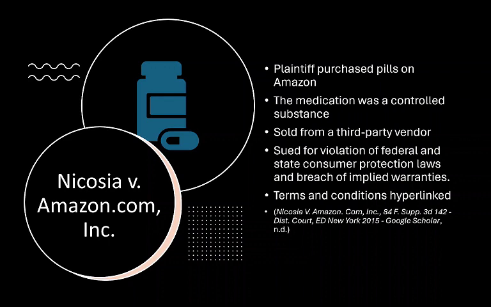However, in the case, the terms and conditions were outlined before he purchased the medication, and Amazon.com submitted during the court case a screenshot of the alleged purchasing page where the terms and conditions were hyperlinked and presented before he purchased the pills, and thus the plaintiff's case was eventually dismissed. This outlines a key factor: your terms and conditions can be hyperlinked as long as it is obvious where they are.